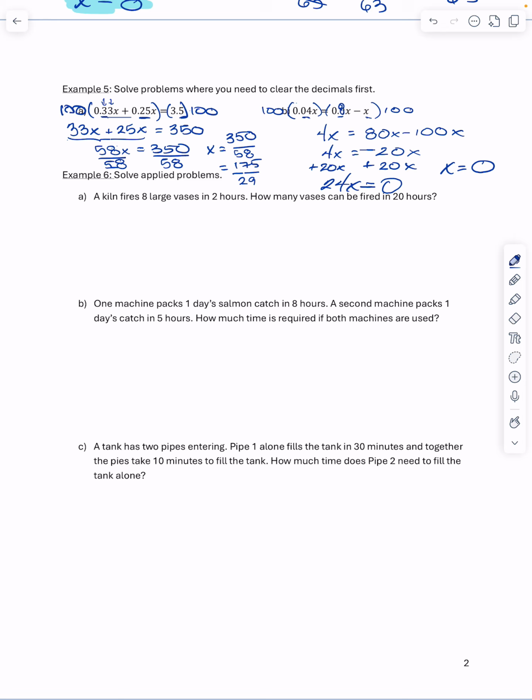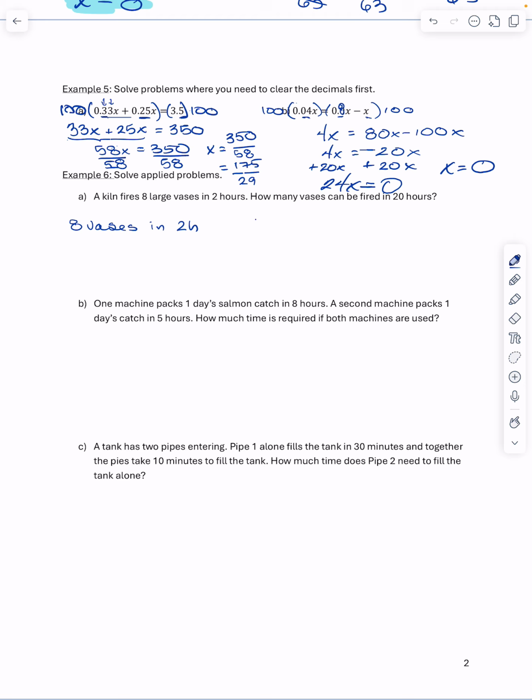Okay. So let's take a look at some applied problems here. We have a kiln that fires 8 large vases in 2 hours. So I have 8 vases in 2 hours. We want to know how many vases can be fired in 20 hours.